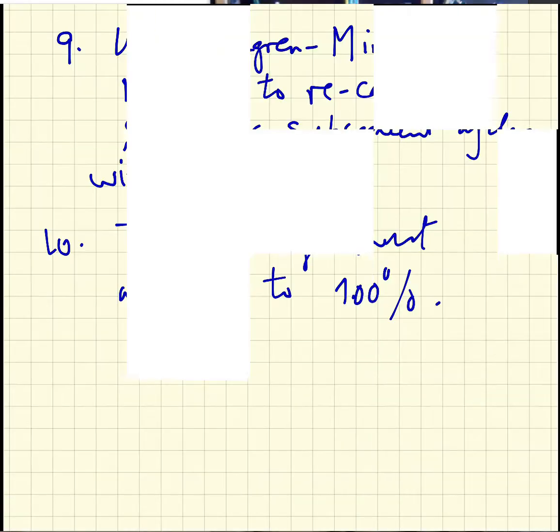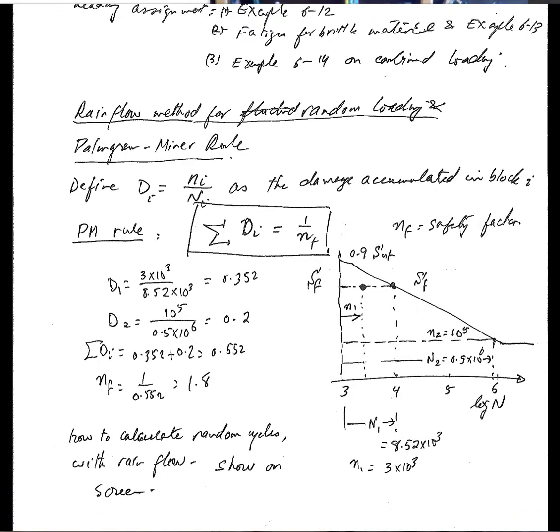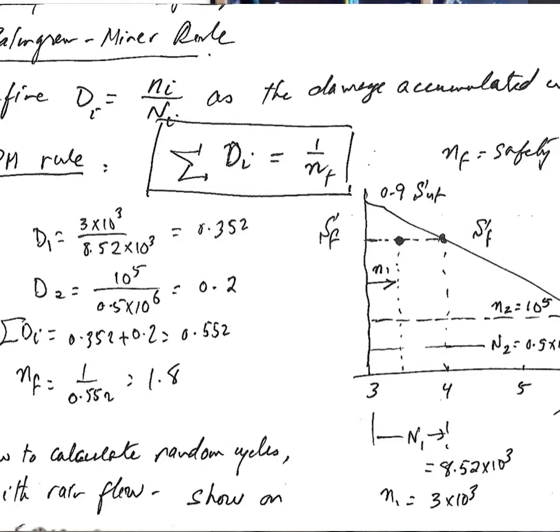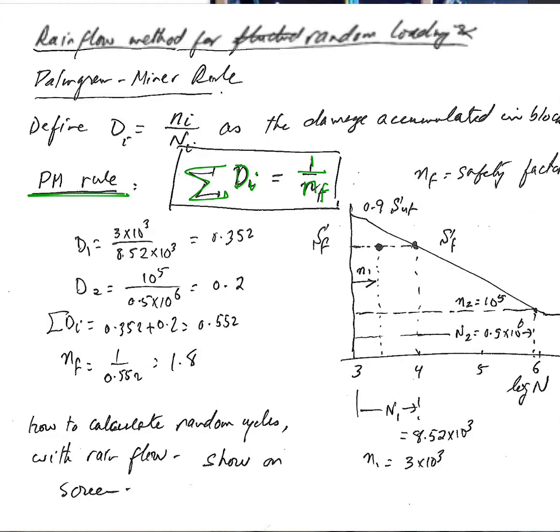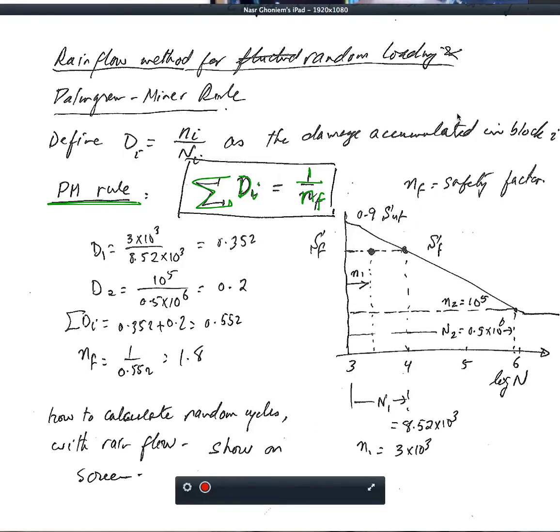So let's take an example here. An example that you see is that they summarize the PM rule in the sense that the sum of all Di should be equal to 1 divided by the factor of safety, in case we require a factor of safety. Otherwise, if the factor of safety is unity, then this will be equal to 1.